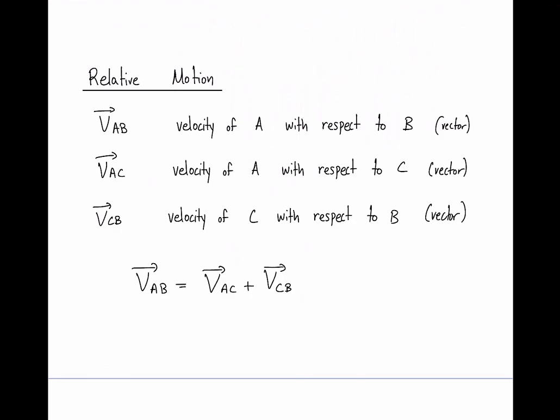In a similar way, the speed of A with respect to C, we call it velocity AC, and the speed of C with respect to B, we call it velocity CB. With this notation, the velocity of A with respect to B is equal to the velocity of A with respect to C plus the velocity of C with respect to B.